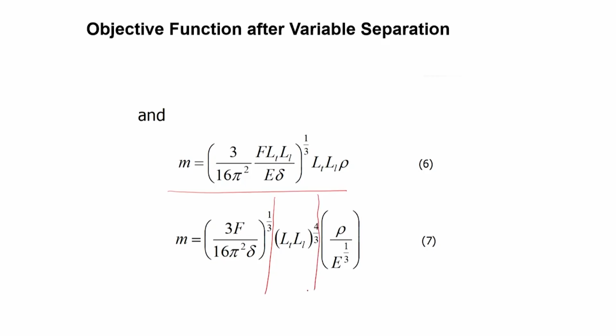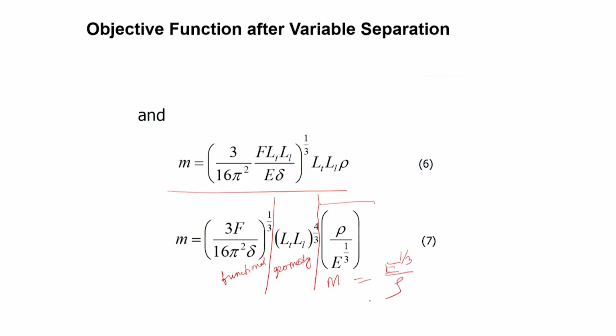into 3 parts, out of which this part is functional. We already know this is functional, this is geometry, and this is the material property index, or M, which is what in this case? It is not E by rho, or it is not square root of E by rho, but it is E to the power 1/3 over rho.